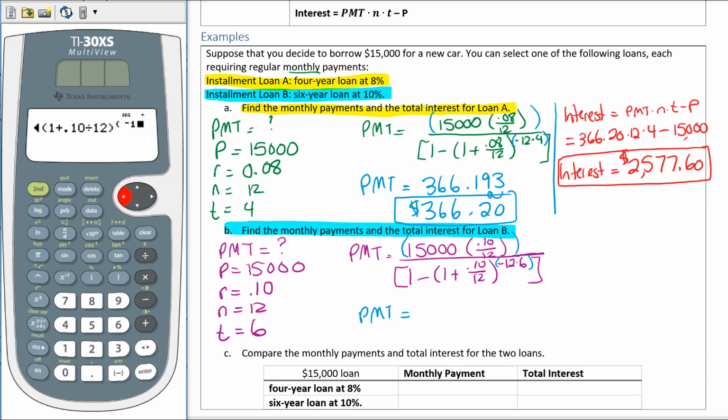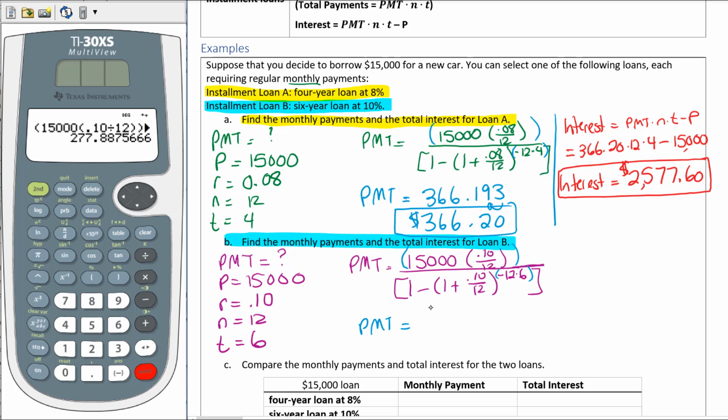Now I missed a value there. I'm going to go back and get my 12 in there, times 6 parentheses, and then another set of parentheses. So this payment turns out to be $277.89. The 7 makes that 8 go up, plus payments always go up. They never give you the benefit there.